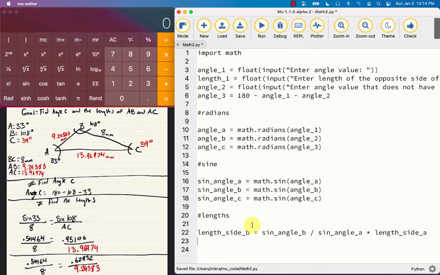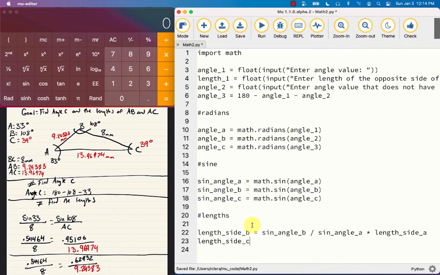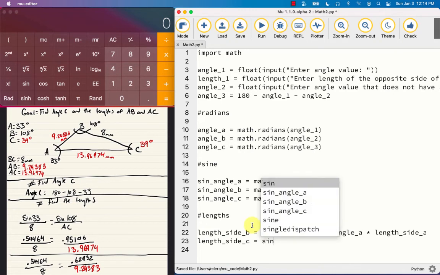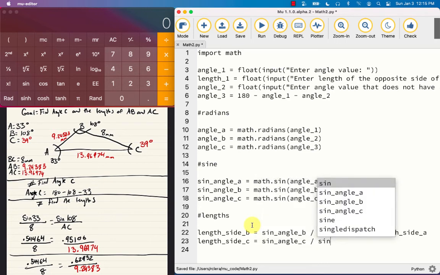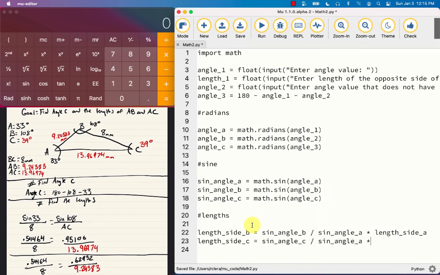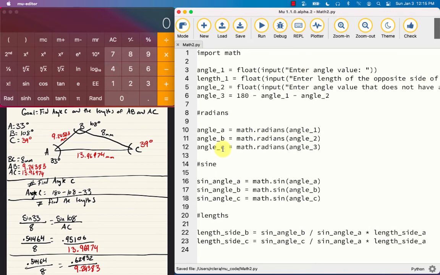And then we'll do the same thing with length side C is equal to sine angle C divided by sine angle A multiplied the length side A. Is it length side A?